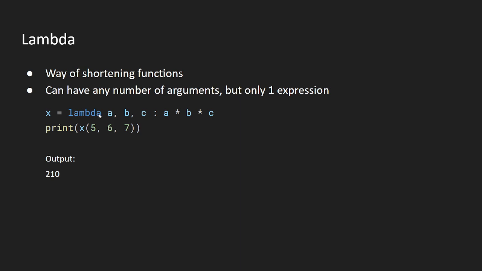So x is basically a lambda, and it's going to have these three parameters. You're going to do something there and then print them out. The main thing to note is that you can only have one expression after the colon, despite being able to have any number of arguments.